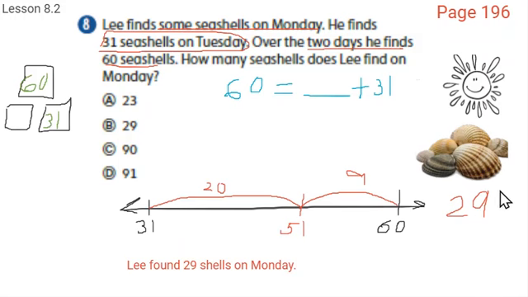And so, wait, let's validate. So I have 31 and 29. Adding that up using the standard algorithm here. I'm going to draw my line to separate the 1s on the right from the 10s on the left. So 1 plus 9, that's equal to 10.